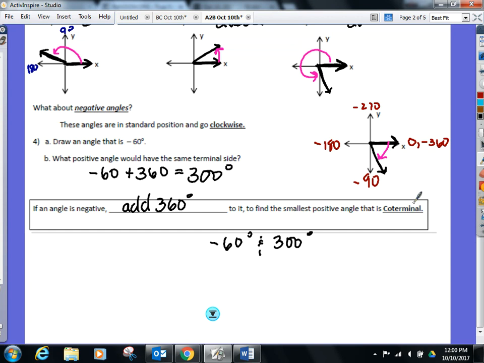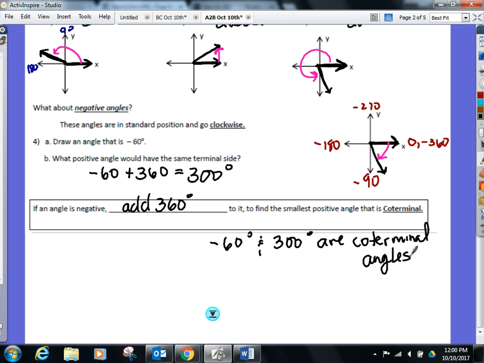This is the terminal side. If two angles share the same terminal side, we call them coterminal angles. I know, look at that vocab the mathematicians made. Coterminal angles.